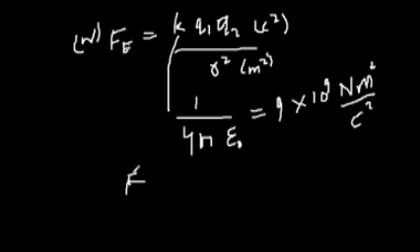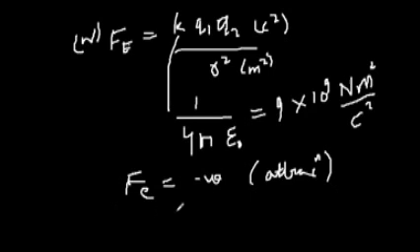If Fe is negative, then attraction, and if it is positive, then repulsion. So that was easy. I'll tell you about it later in the next slide.